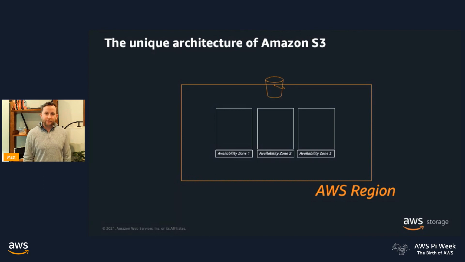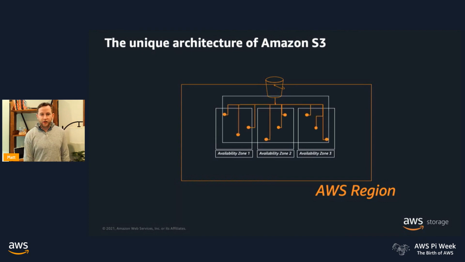S3 is a bit different because it is a regional service. When you store your data in S3, for our regional storage classes, S3 automatically distributes that data across at least 3 AZs within a region. In fact, we don't send a 200 response until your data is successfully stored across multiple AZs in that region.